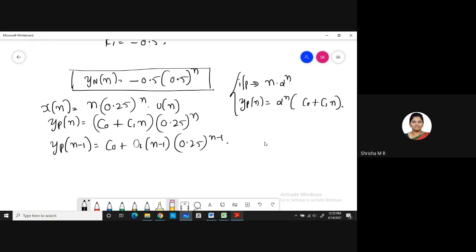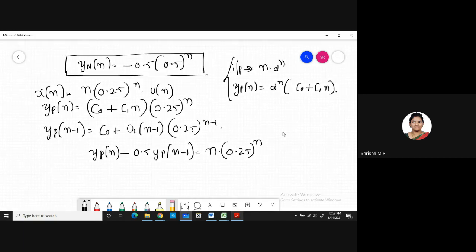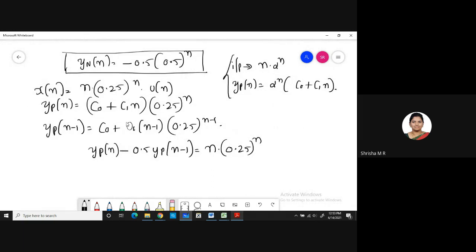So your difference equation was like this, right? Yp of n minus 0.5 Yp of n minus 1 is equal to n into 0.25 to the power of n into u of n, that is 1 u of n. Now we substitute this here.